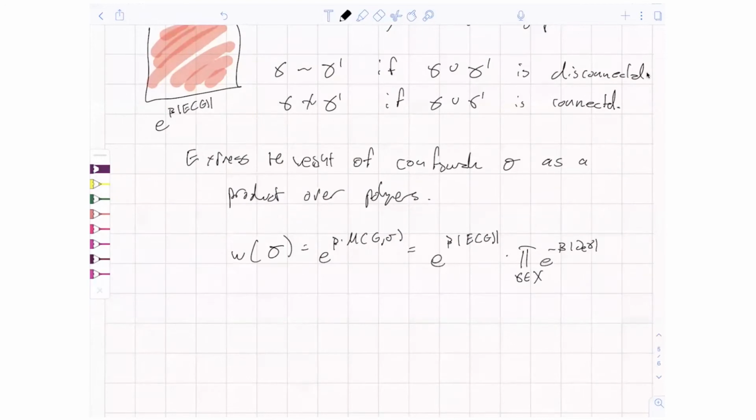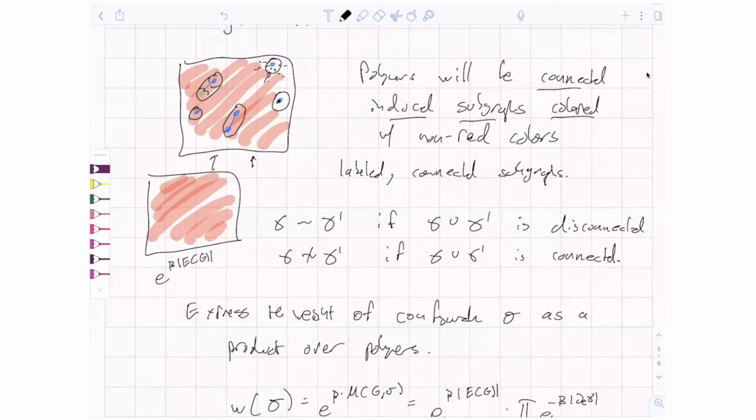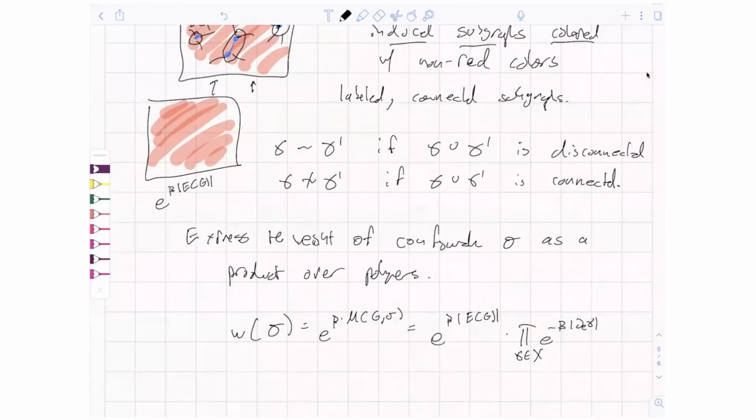Okay, so this accounts for all these edges that go out of the polymer and hit red vertices. Of course, we also have to worry about edges like this edge, which is a bichromatic edge inside the polymer itself. And so I'll say e to the minus beta times e_b, subscript b for bichromatic, of gamma.